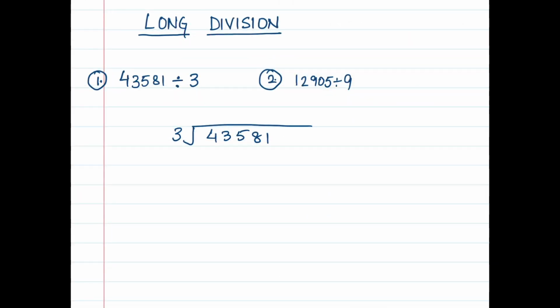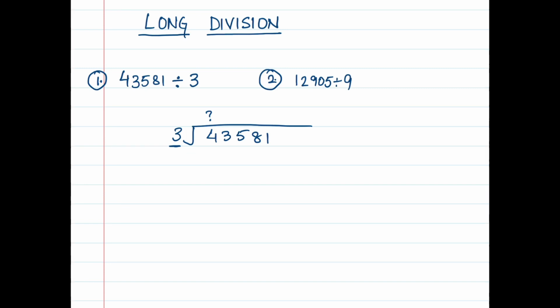So it is 43,581 divided by 3. So now here what we have to do is we have to say 3 times which number gives you a number closer to 4 and also smaller than 4. Okay, so it should be closer to 4 and also smaller than it.